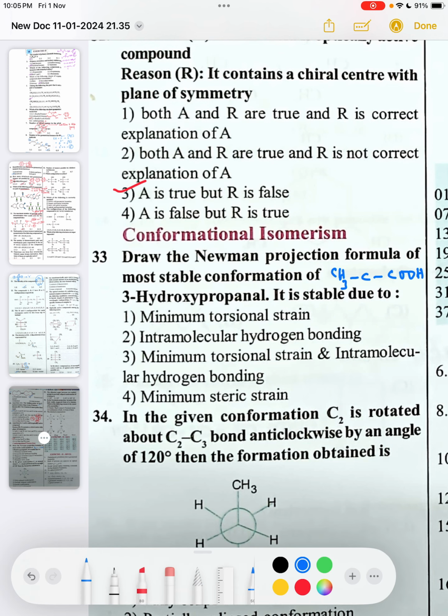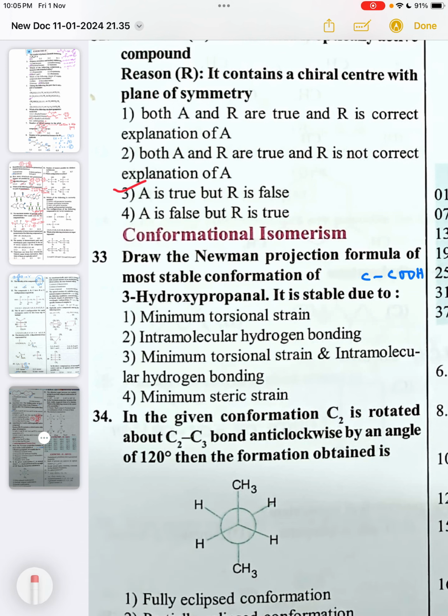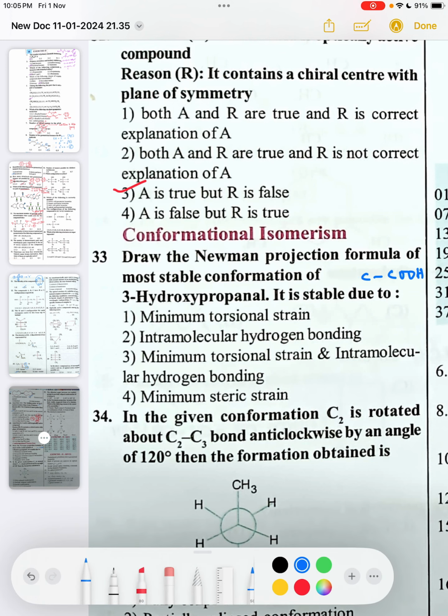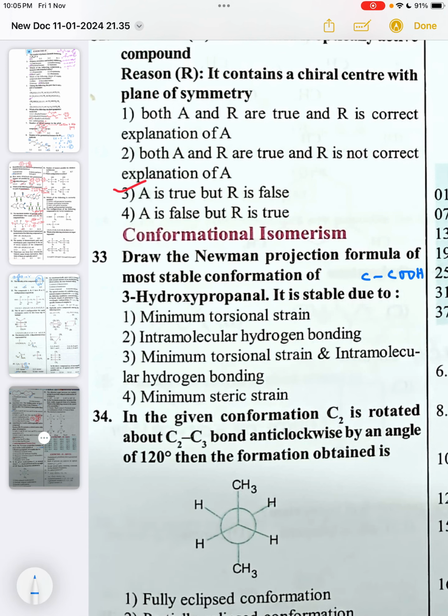Number starts from here: 1, 2, 3, then this becomes OH. Sorry, propanal is said, that's why you have to take the aldehyde group. This should be CHO, and this should be H, and here also H.